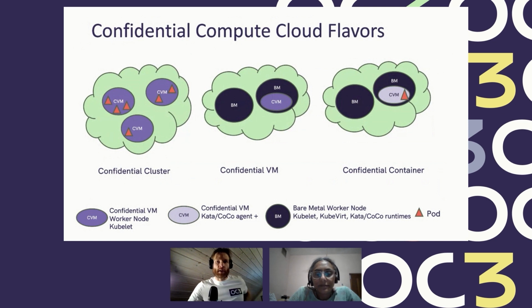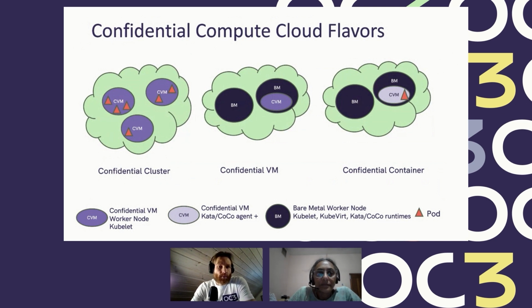First, we have the fully confidential Kubernetes cluster, where each worker node and the control plane all run in their own dedicated virtual machines. Workloads and pods are deployed in a fully trusted, fully secure cluster, and in these cases the control plane can also be considered to be trusted.